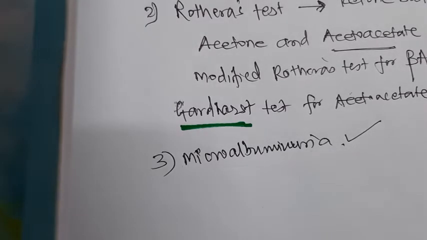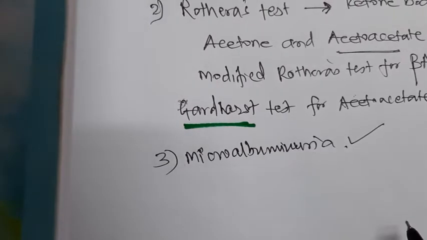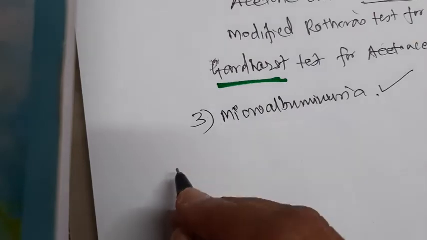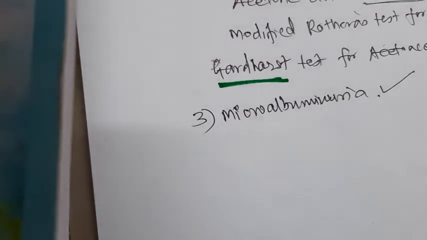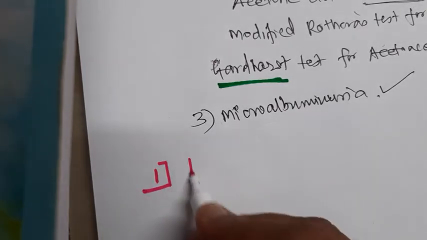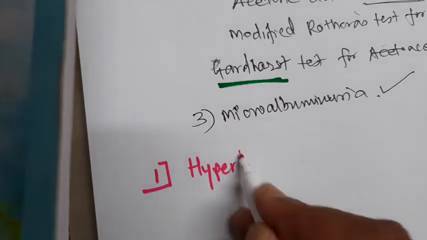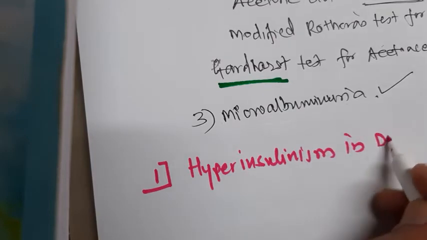Coming to the next topic, which is related to carbohydrate metabolism, that is, diabetes mellitus and other carbohydrate metabolic disorders in animals, we'll see hyperinsulinism in dogs.